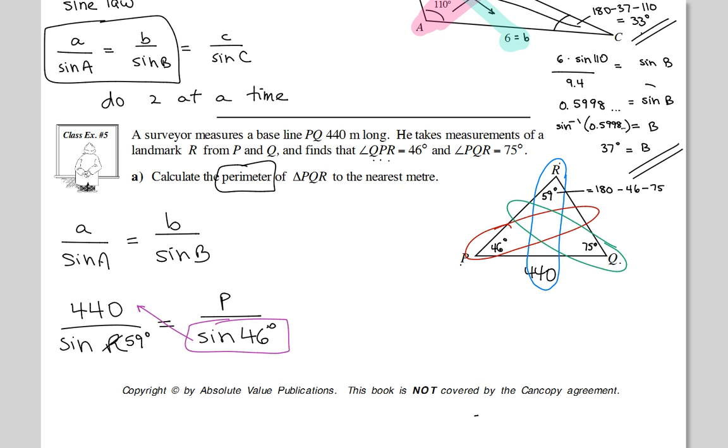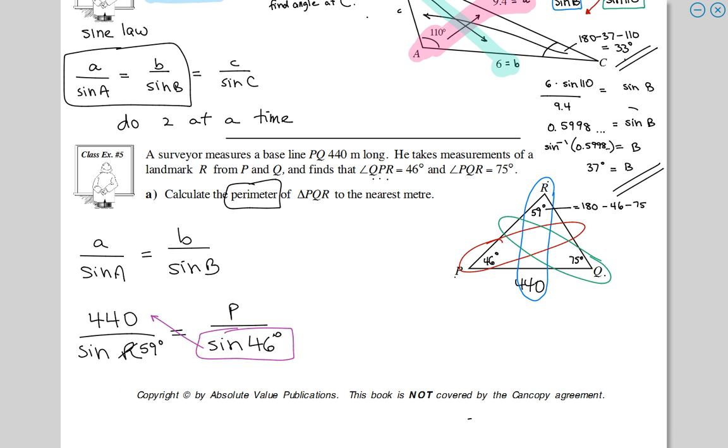So we'll have 440 times the sine of 46, all divided by the sine of 59. That's going to give me little p.